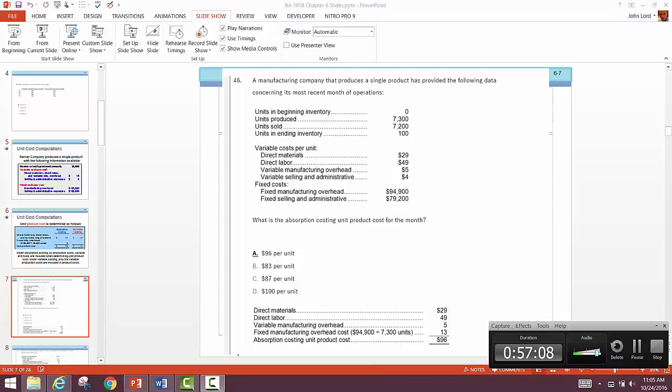And you still have this $1,300 that is sitting in finished goods inventory under absorption that has already been expensed or treated as a cost of goods sold under my absorption method. Okay?